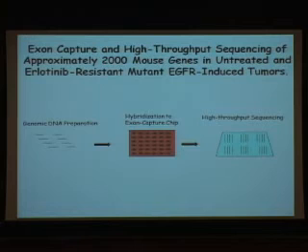One of the strategies that we are using is performing exon capture and high-throughput sequencing of about 2,000 mouse genes. We take the genomic DNA from the drug-resistant tumor and hybridize it to chips on which we've arrayed exonic sequences for these 2,000 cancer-related mouse genes, and then we elute these and perform high-throughput sequencing.